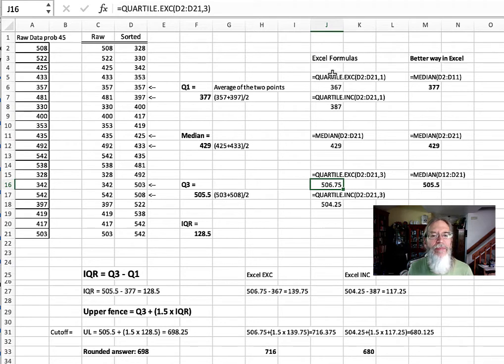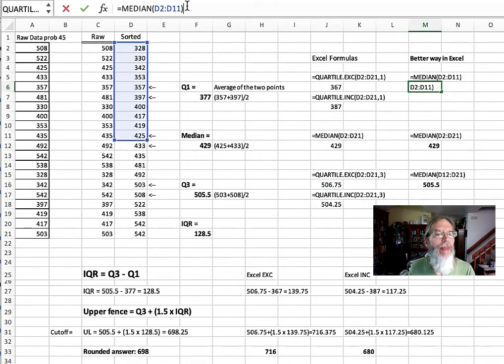The better way, and this is explained in the Chapter 3 Excel help, is that instead I'm going to use median. Here I took the median of the top half, and when I do that, I get 377. Yay, it matches.